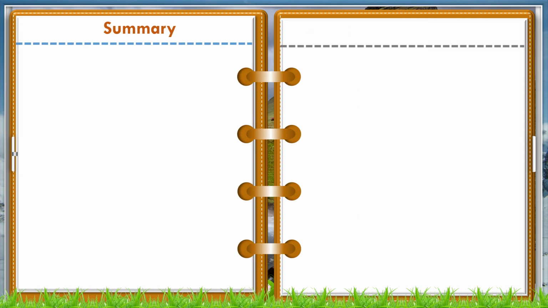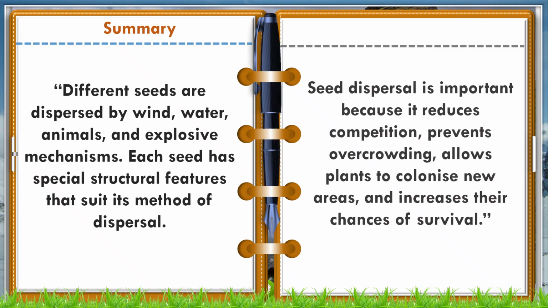We go to summary. Different seeds are dispersed by wind, water, animals, and explosive mechanism. Now, each seed has special structural features, and this suits its method of dispersal.